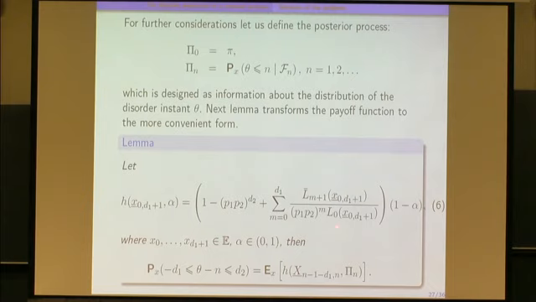Here is bar, and here should be also bar. So it is a much more complicated function. Here is alpha, but it should be 1 minus alpha 1, 1 minus alpha 2, according to this denotation.